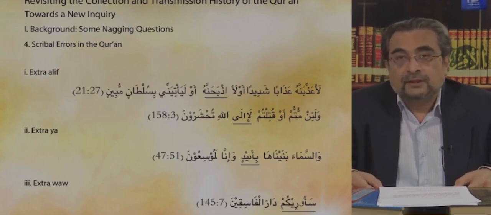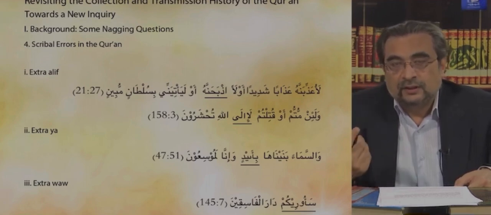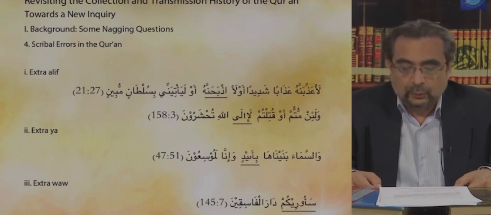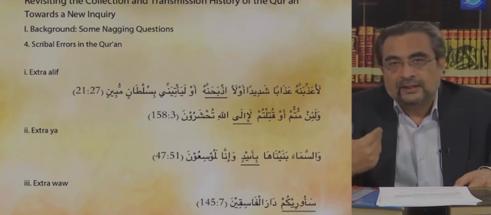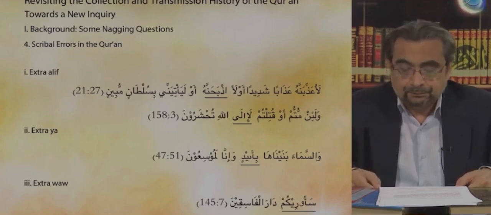Or if we don't accept this to be a redundant letter, then we find this anomaly, that the word would read in a very opposite way, أَوْ لَا أَذْبَحَنَّهُ. It will be a negative particle instead of presenting the positive picture.